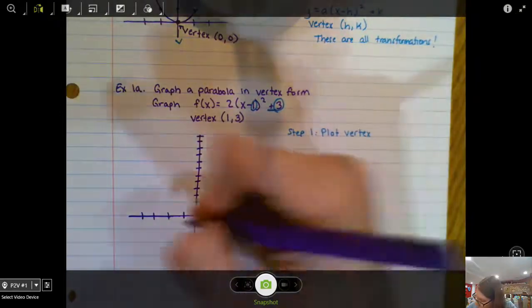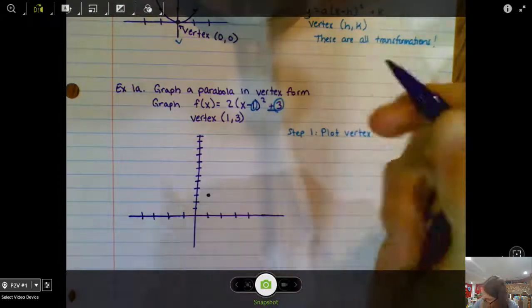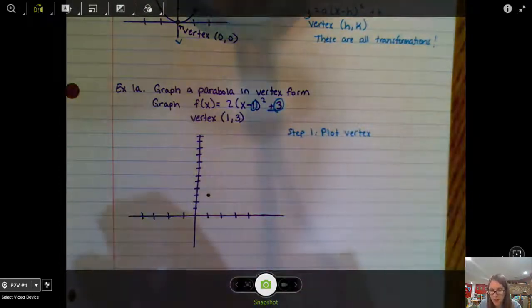And our vertex is 1, 3 again. And we plotted our vertex.